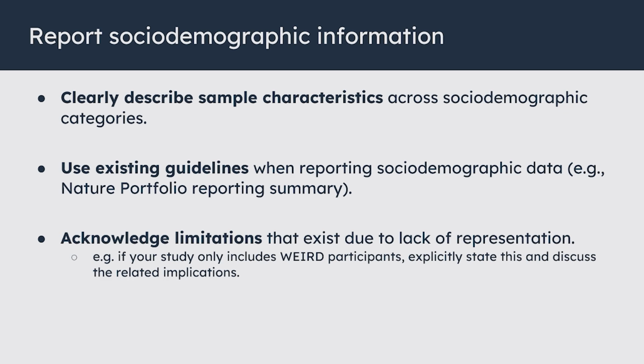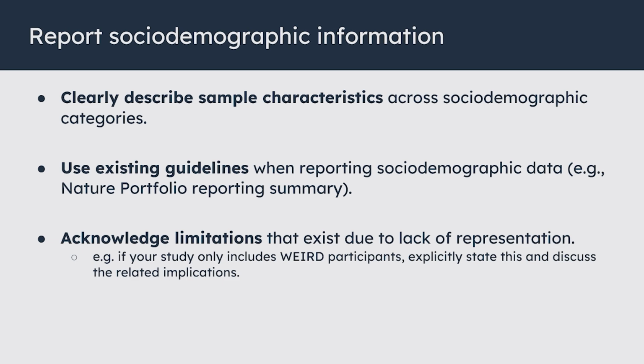So in terms of how we handle it, we want to make sure that we're always reporting very clear sample characteristics, and specifically, we're using guidelines to do so. It's very easy to just put a table of age and sex, which is what's done in a lot of studies.